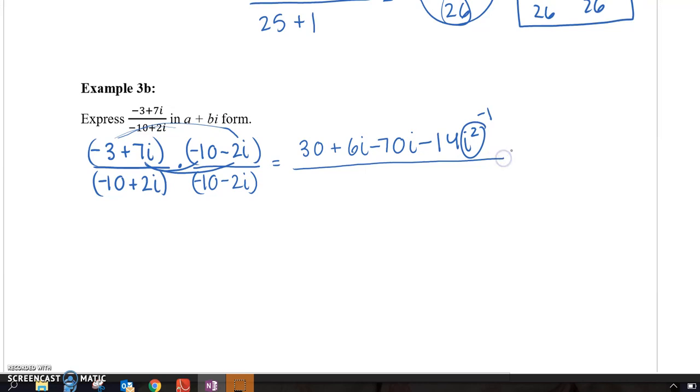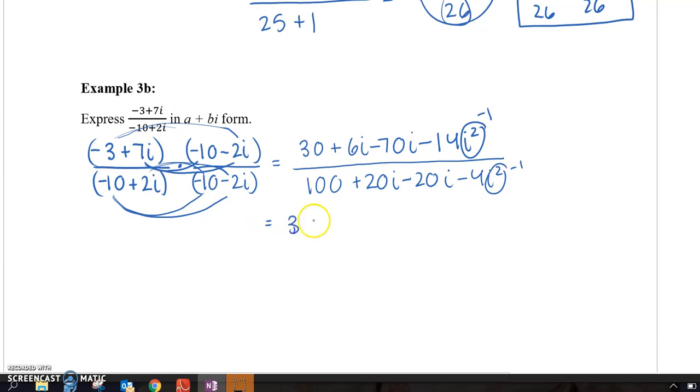And on the bottom, negative 10 times negative 10 is 100. Negative 10 times negative 2i is positive 20i. 2i times negative 10 is negative 20i. 2i times negative 2i is negative 4i squared, which is negative 1.